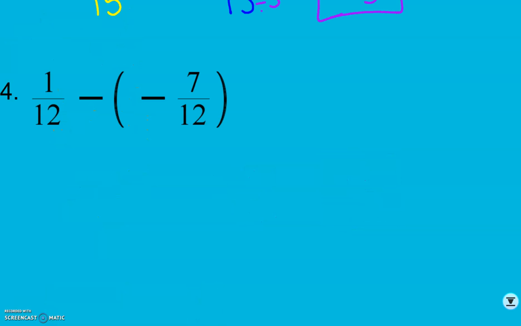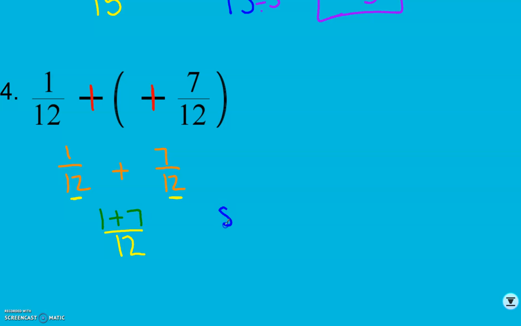In 4, I have subtraction. I'm going to change to adding the opposite. So what I really have here is 1/12 plus 7/12. Because I have a common denominator, I can keep that denominator and perform the operations on my numerators. 1 plus 7.